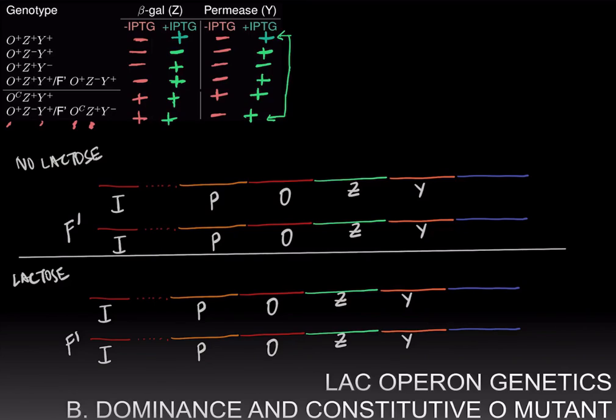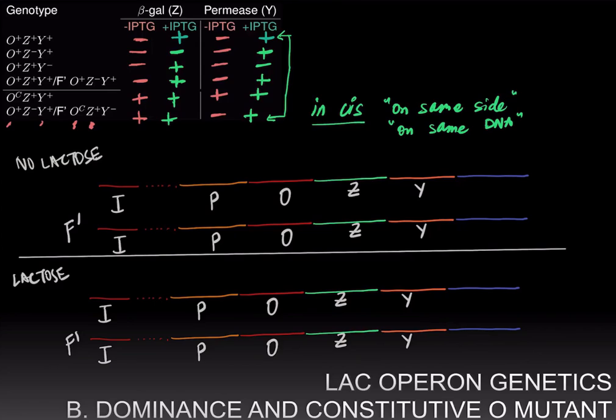Another way to put it is the operator acts on the same side, which is written as the operator acts in cis. And so on same side should be read as on same DNA.